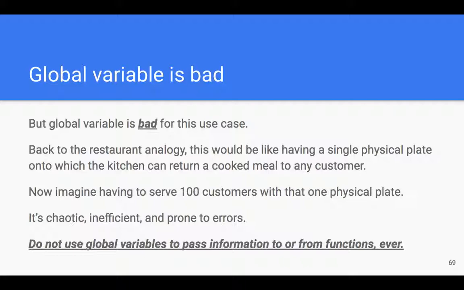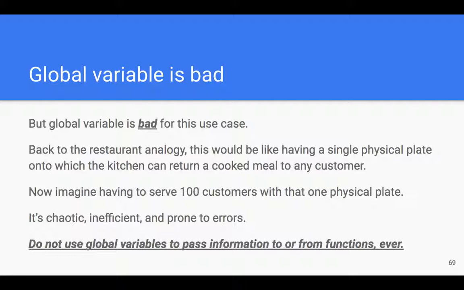I mean, as we said before, I hope you can imagine that it's totally chaotic, it's very inefficient, and bad things, wrong things are pretty much guaranteed to happen. Some of the customers will probably get the wrong food or get no food at all. This is just a pretty messy situation.